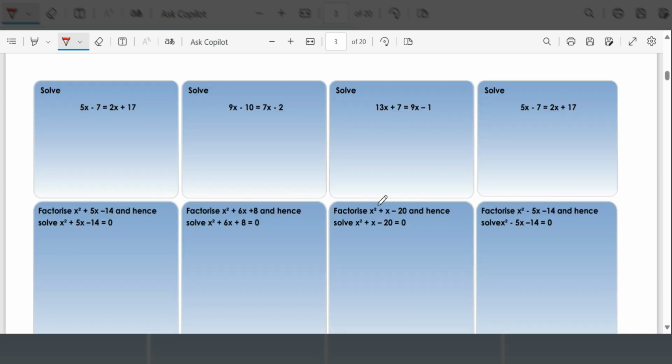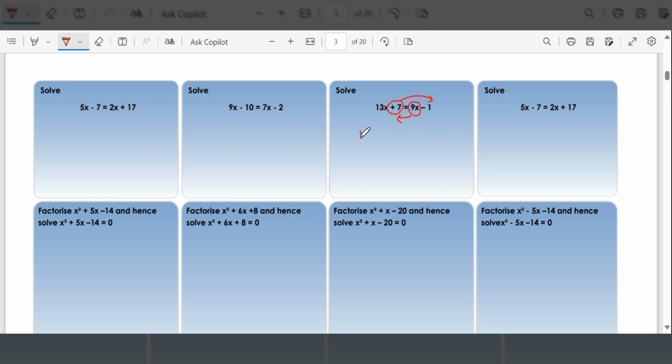Okay, they might ask you to do a slightly harder solve, right? So if you had something like this, you'd want to be moving numbers one side and x is the other. So if we take a look at this one, we're going to move the 9x over onto the x side, and we're going to move the plus 7 over onto this side, right?